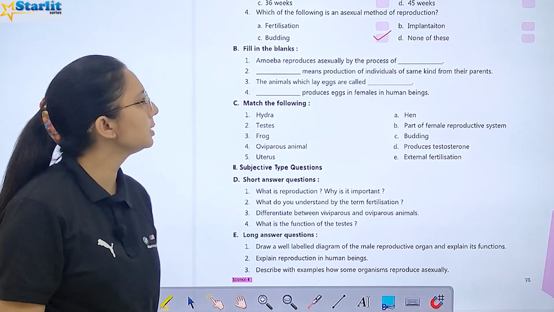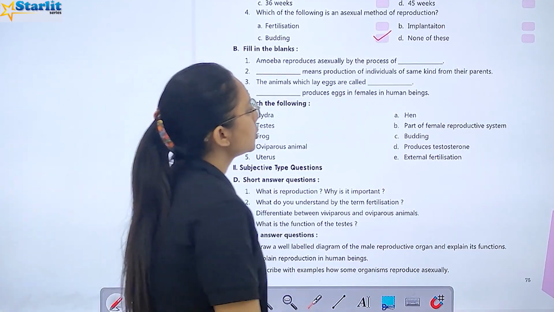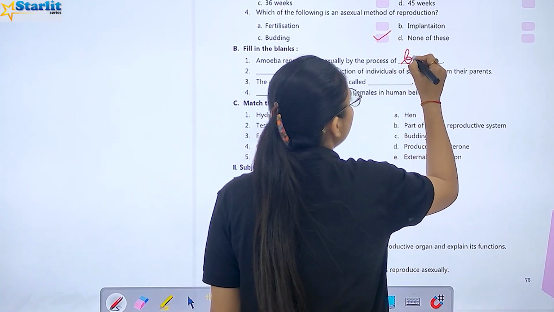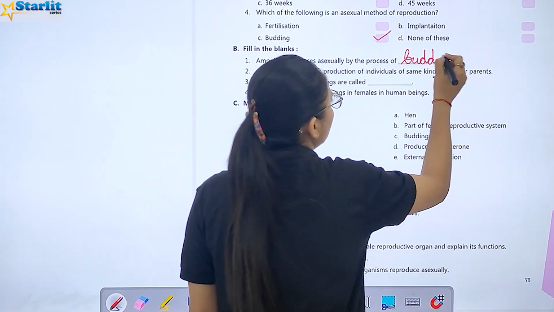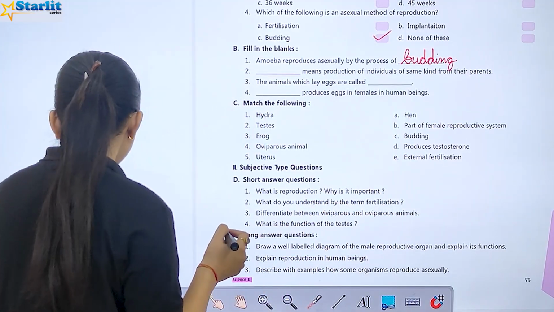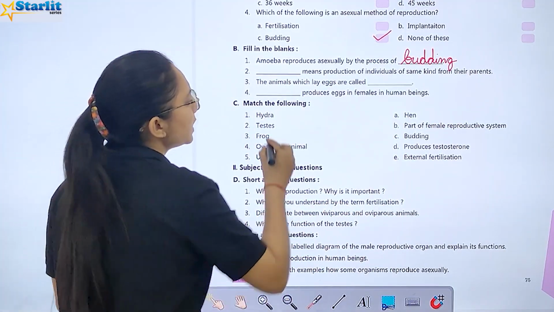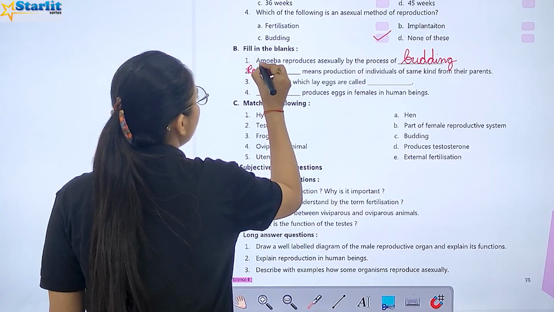Now fill in the blanks. First is amoeba reproduces asexually by the process of budding. Now dash means production of individuals of the same kind from parent, that is reproduction.